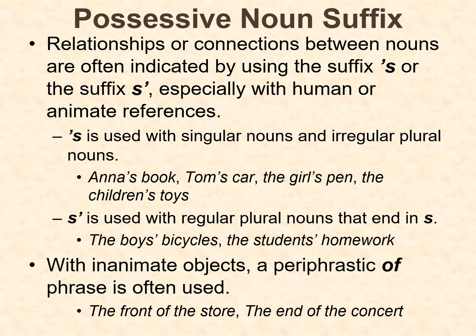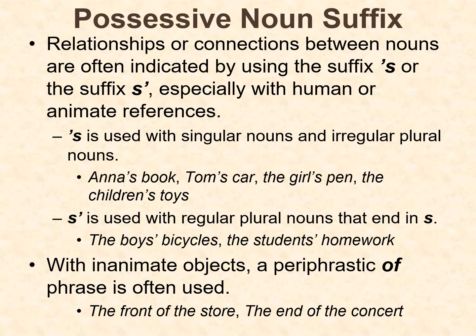With inanimate objects, we often use a periphrastic phrase with the preposition of to indicate these relationships or connections. So, for example, the front of the store would be much more common than saying the store's front. The end of the concert would be more common than saying the concert's end.